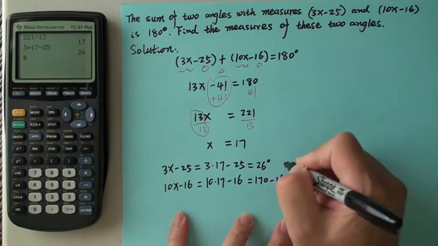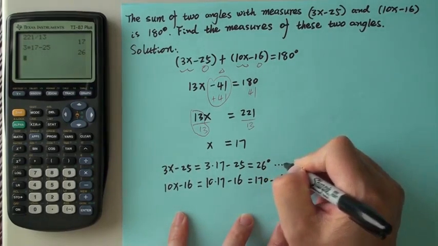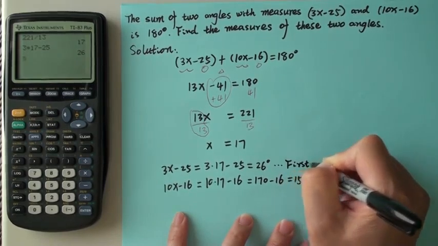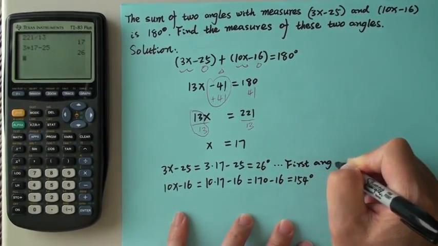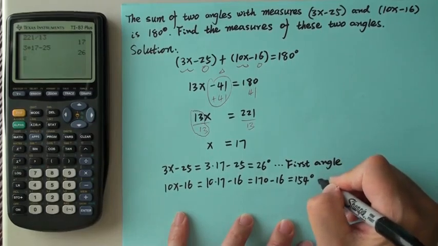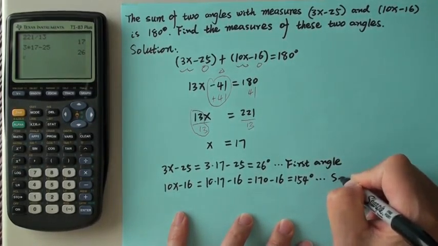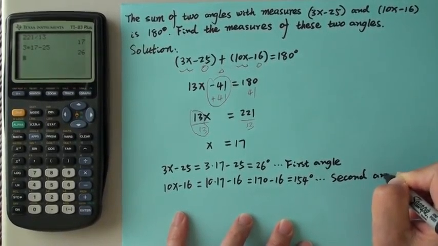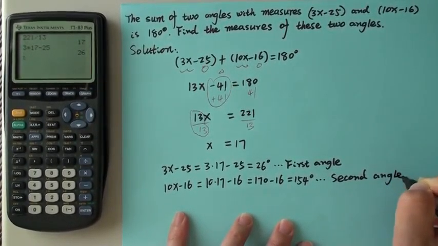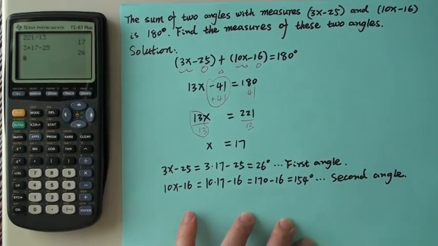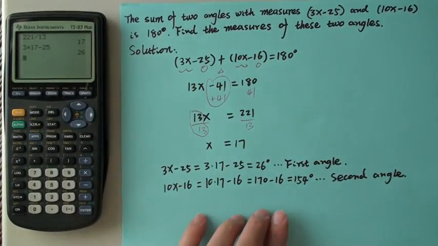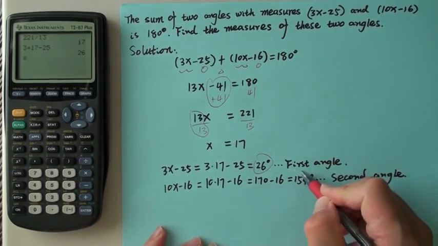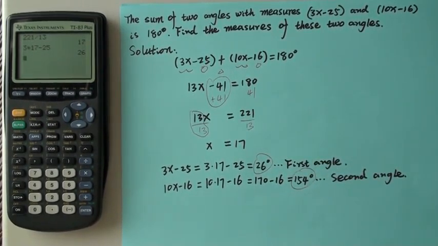So here is the first angle and here is the second one. Alright, so the measures are: one is 26 degrees, another is 154 degrees.